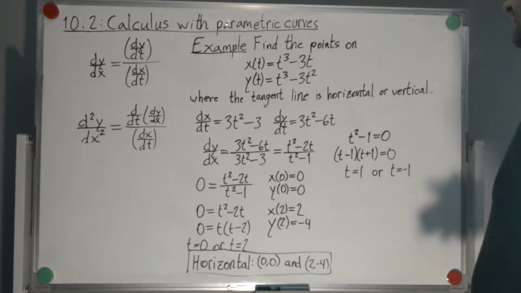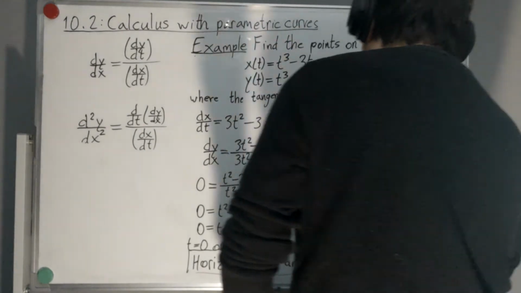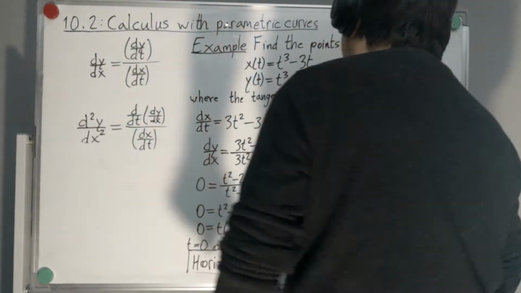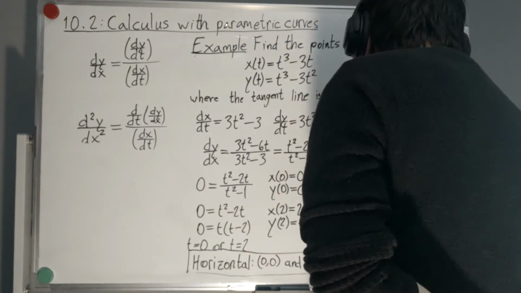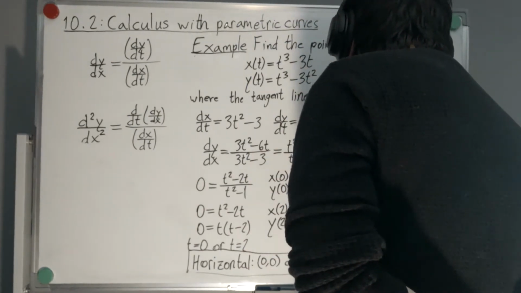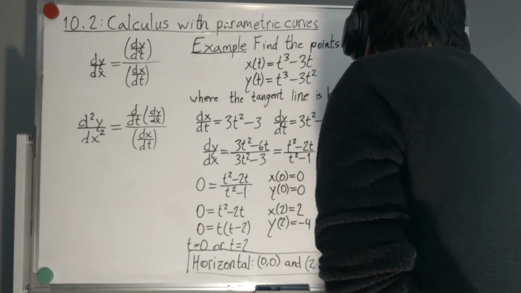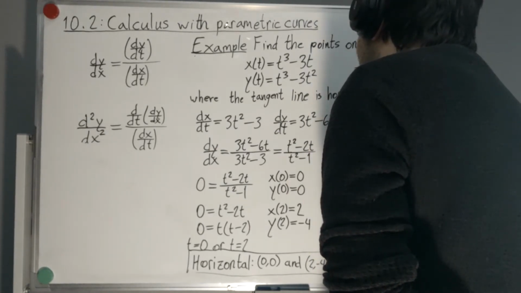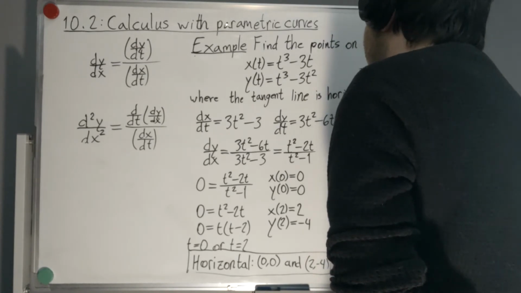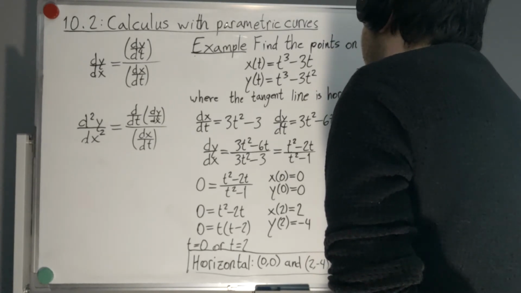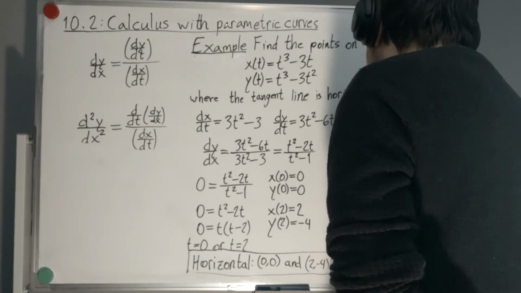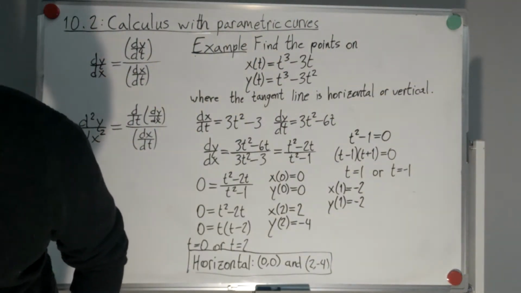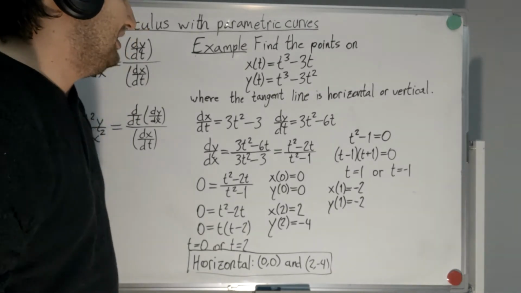Okay. So then you take x of 1 and y of 1. Let's see, x of 1 is going to be 1 cubed minus 3 times 1, which is negative 2. Y of 1 is going to be 1 cubed minus 3 times 1 squared, which is negative 2. Yes, I don't know why it took me that long.